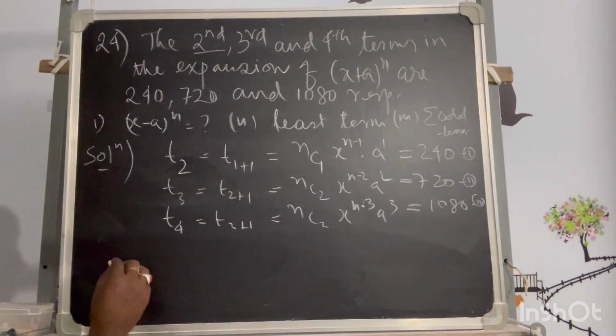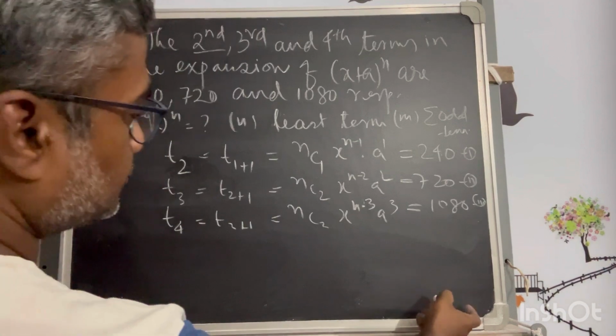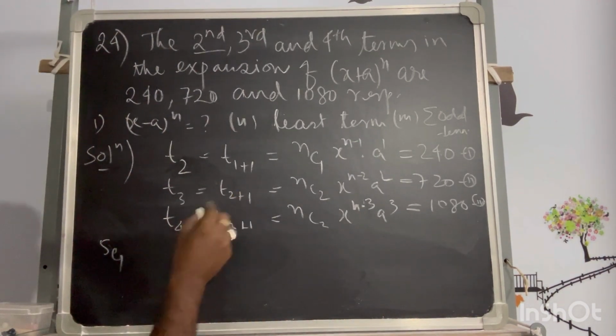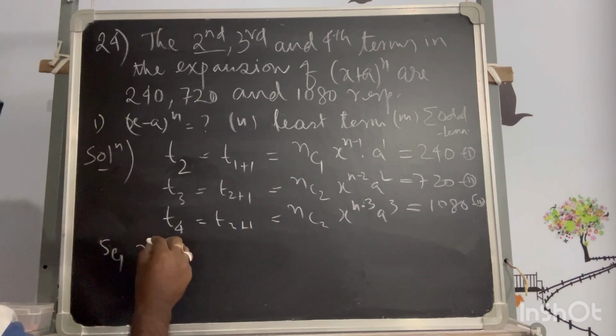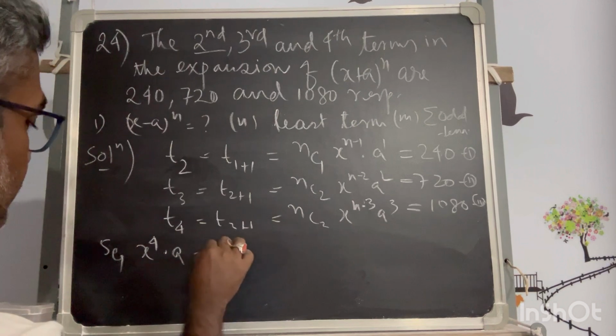What will you get there? n is equal to 5. So 5C1 x to the power 5 minus 1, 4, into a is equal to 240.